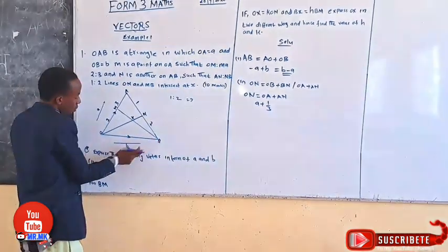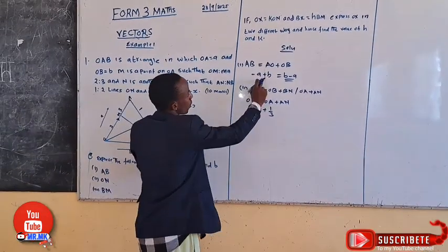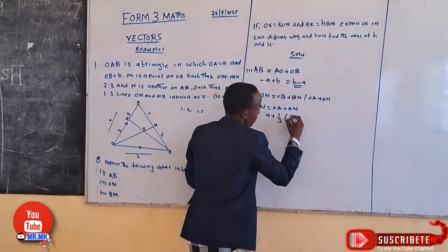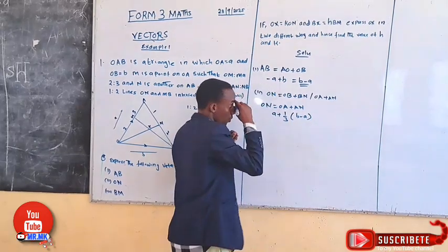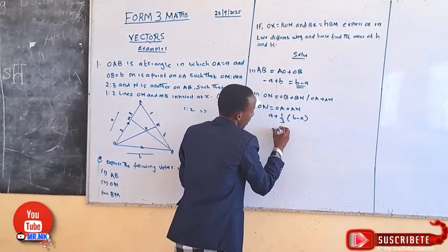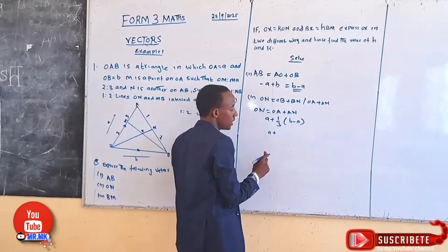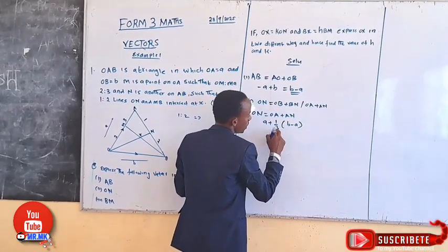And AB, you already have it. Just substitute it: B minus A. Now you say A plus 1 over 3 of (B minus A).